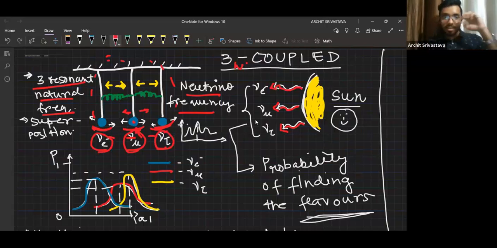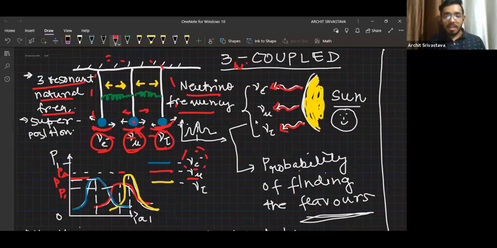This is another analogy, a really deep mathematical analogy that has been formulated. For the electron neutrino, we have this probability of finding it in the process we are interested in. We have this probability of getting the muon neutrino, and this probability of getting the tau neutrino.